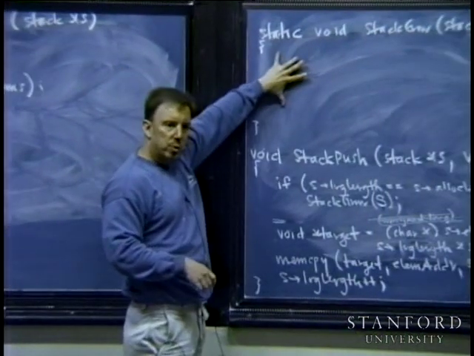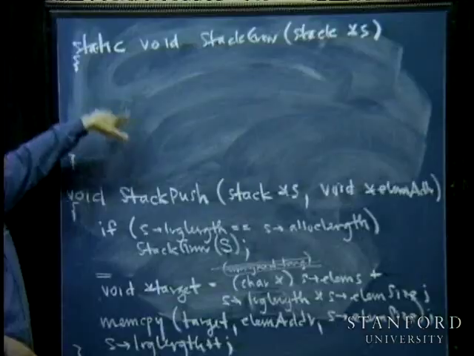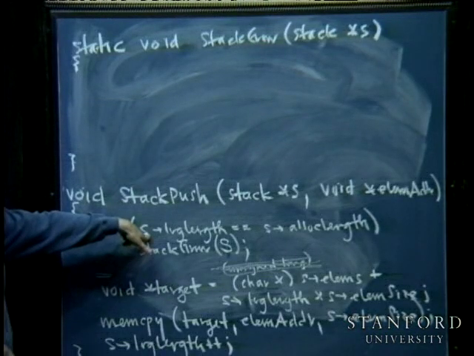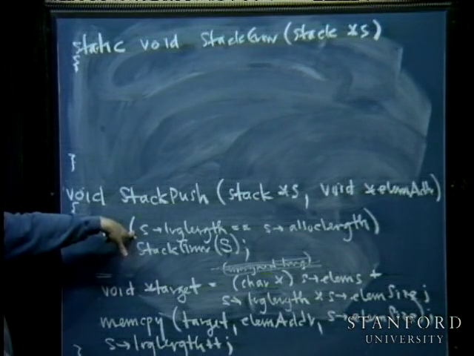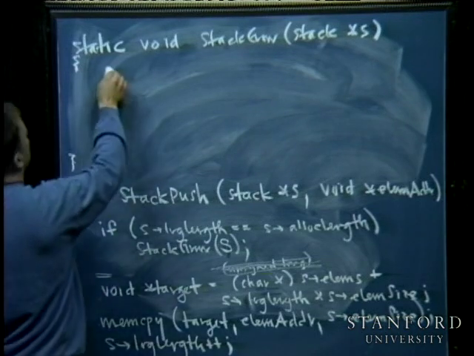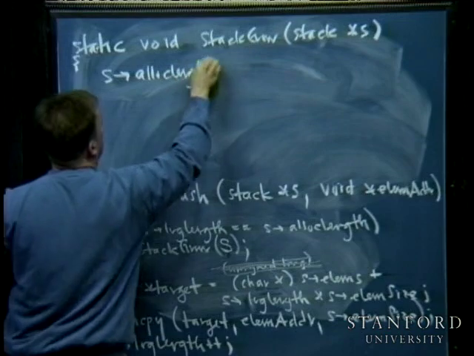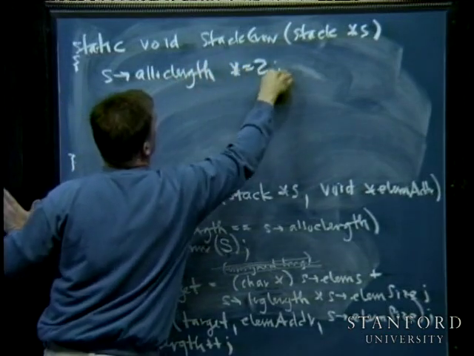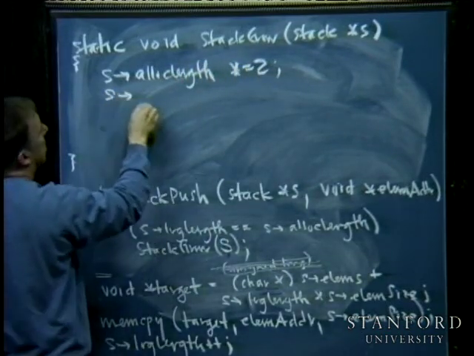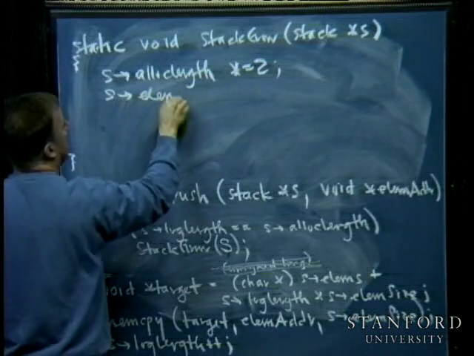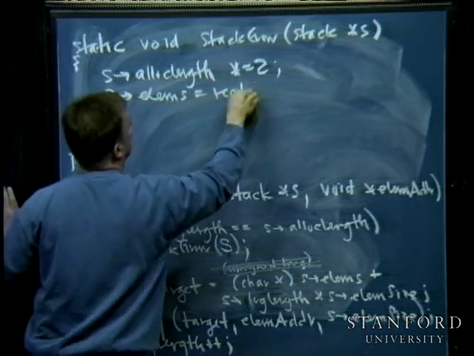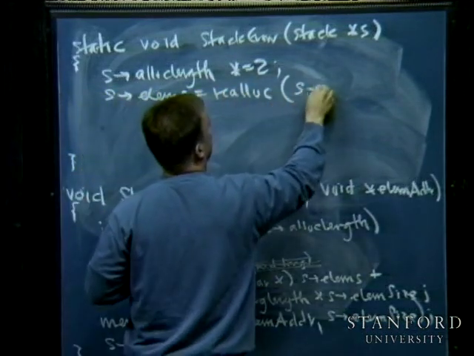This is responsible for doing that reallocation. Assume it's only being called if it understands that this is being met as a precondition. So it can internally just do this. s->elems equals realloc. I will not mess this up.